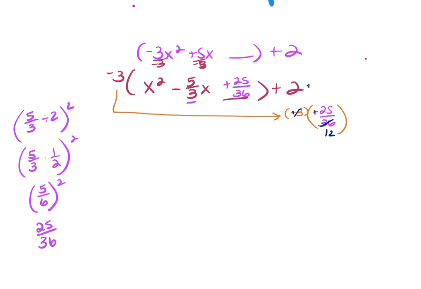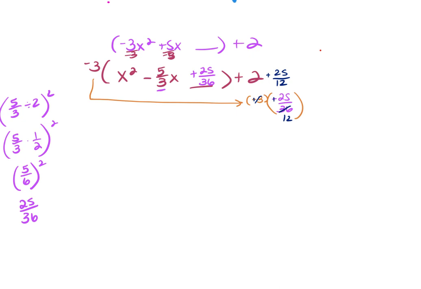So I'd be adding 25/12 here. 2 becomes 24 over 12 plus 25 over 12, or 49 over 12. Still good? Yep. So negative 3 stays on the front.